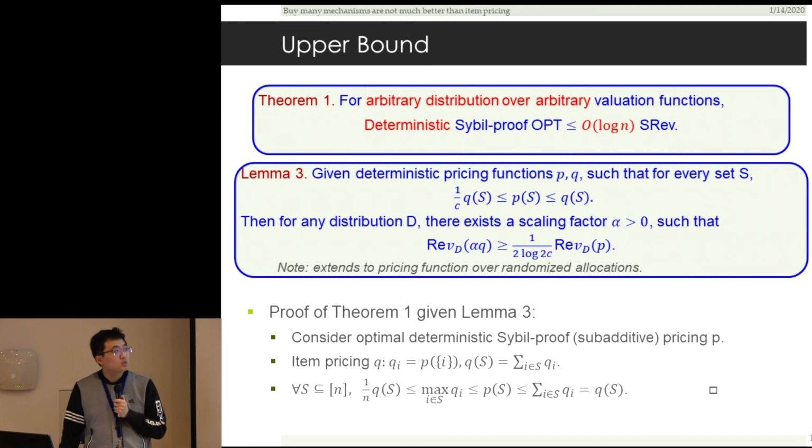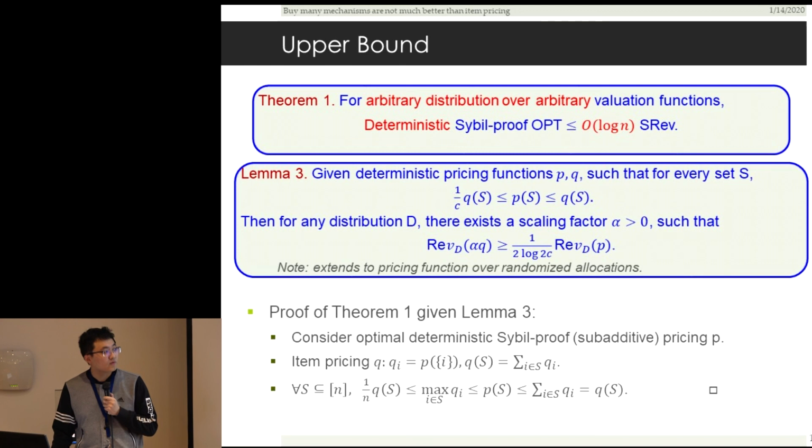To be more precise, if we have two pricing functions P and Q such that for every set S, Q pointwise C-approximates the price of P, then for any value distribution, there exists a scaling factor alpha such that we can scale down the pricing function Q by a factor of alpha and get an O(log C) approximation to the revenue obtained by P. Such a lemma can extend to pricing functions over randomized allocations, and this is how we proved the positive result for the adaptive by many setting.